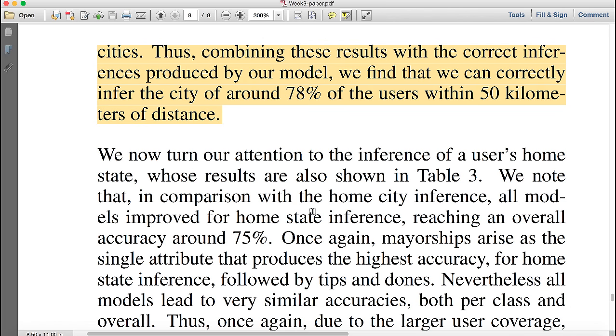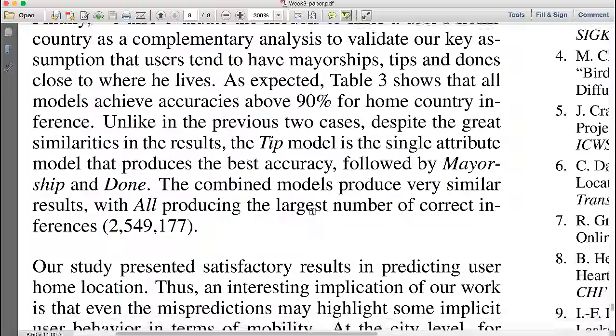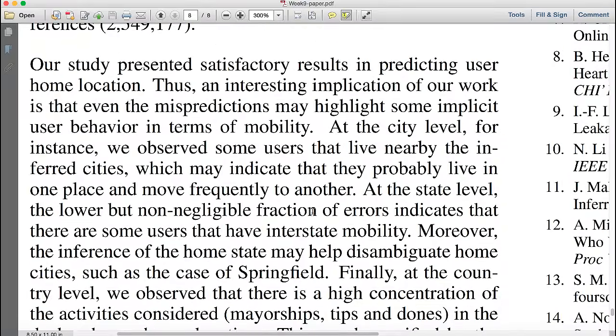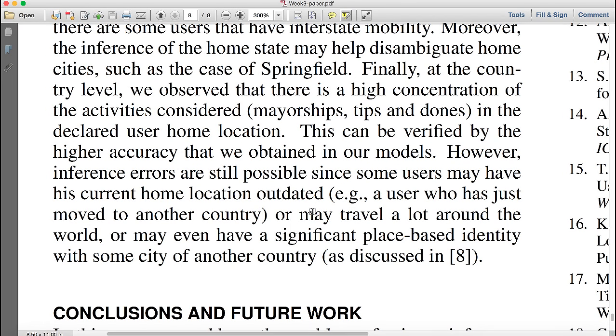So whatever your city is, we'll be able to infer that city for about 78% of users within 50 kilometers of distance. If you remember, even in the abstract, I showed you the 78% accuracy that the authors claim for finding the home location.